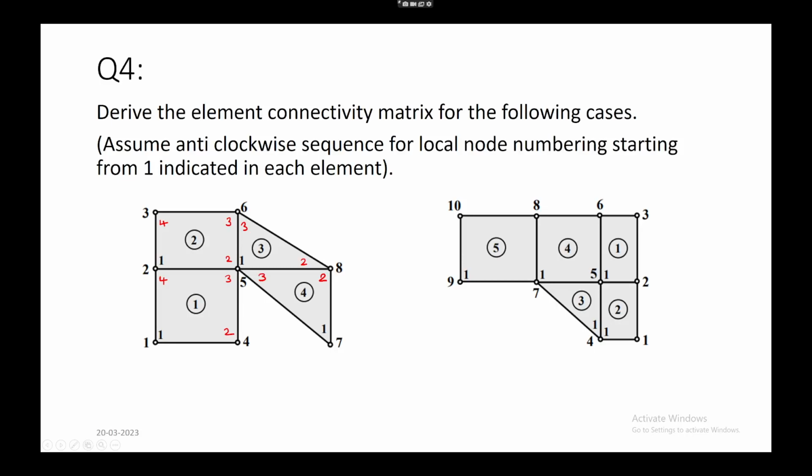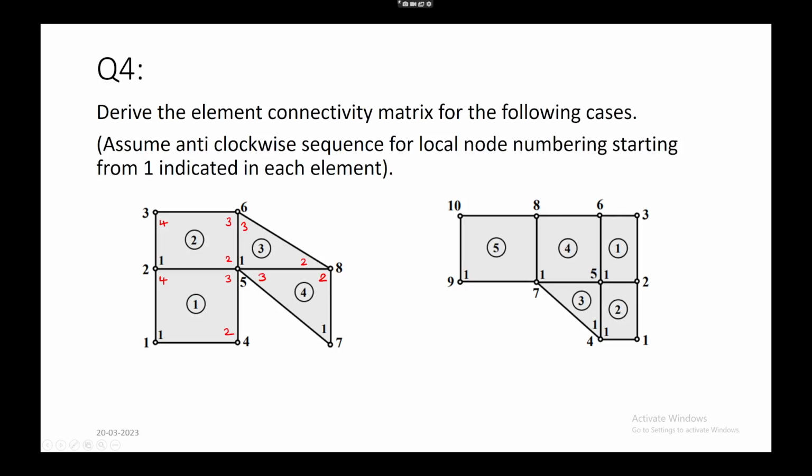First of all, what will be the dimension of the connectivity matrix for the first domain? 4 by 4. Okay, so there are 4 elements and the maximum number of nodes is 4. Can you tell what will be the connectivity matrix? Let us start with the first row, which is element 1.